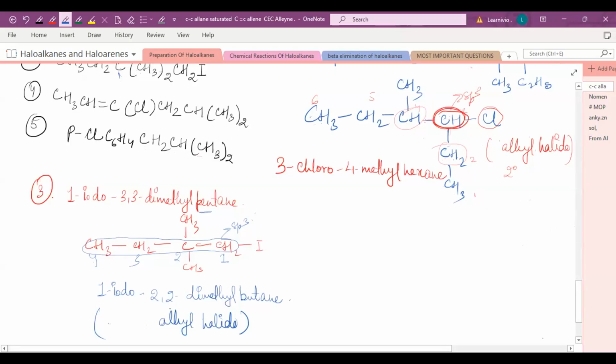What is the degree of alkyl halide, Aneesha? Ma'am, primary. Yeah, very good. It's primary.